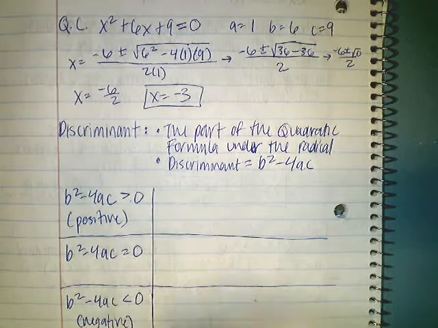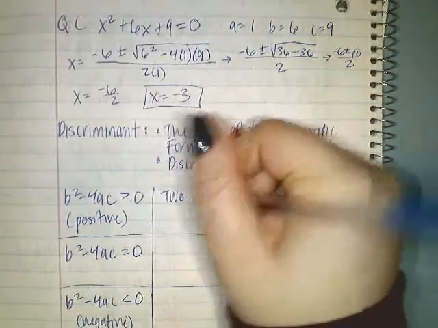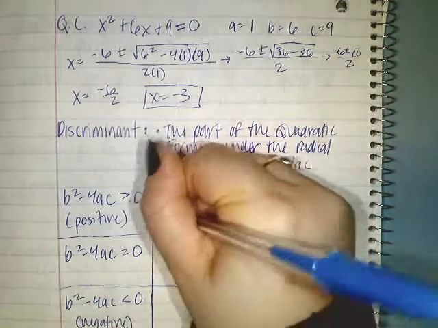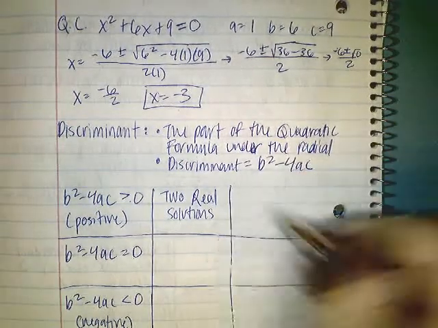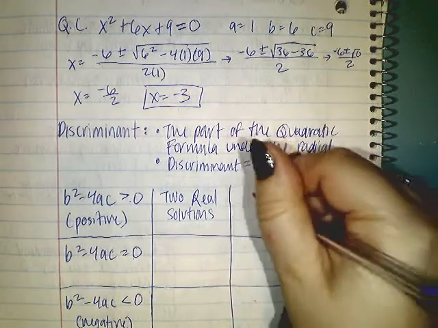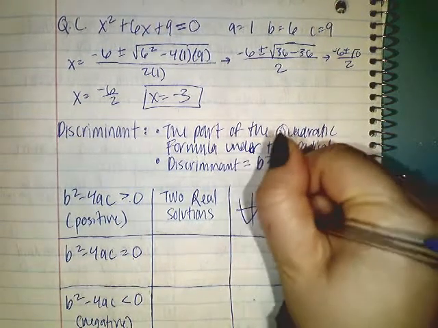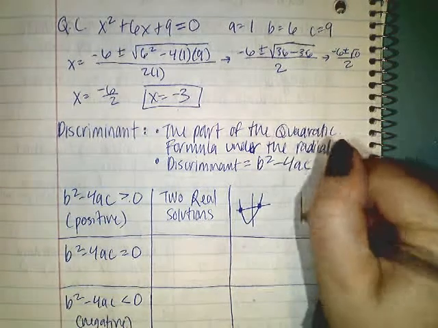If it is positive, we end up with two real solutions, which means if we had a quadratic, there would be two x-intercepts.